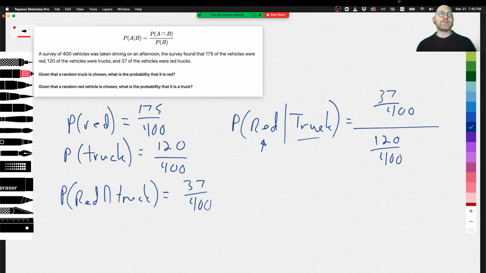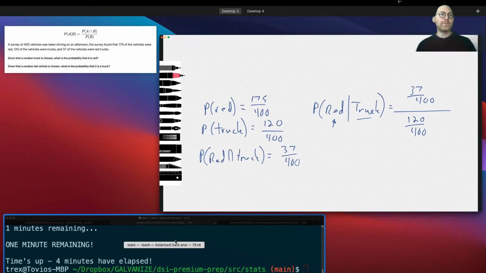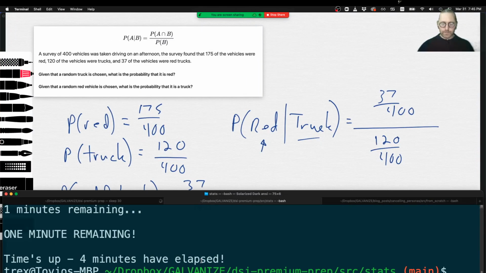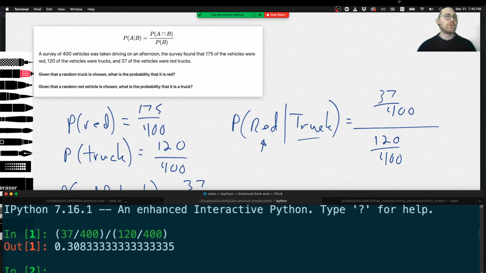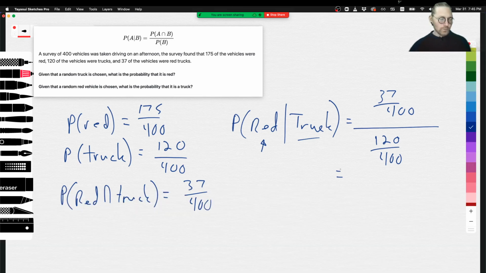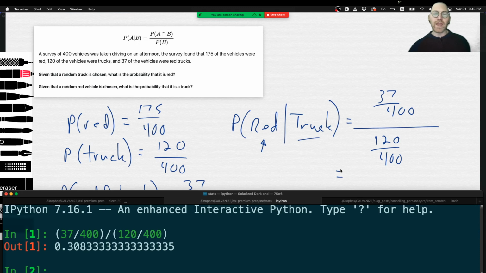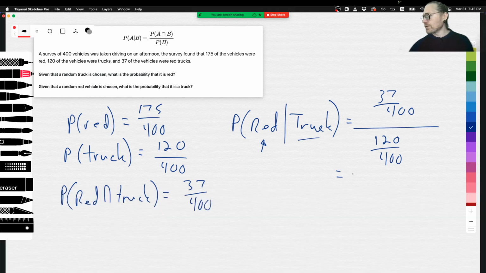If I throw that into a calculator, 37 divided by 400, divided by 120 divided by 400, that is 0.3083.